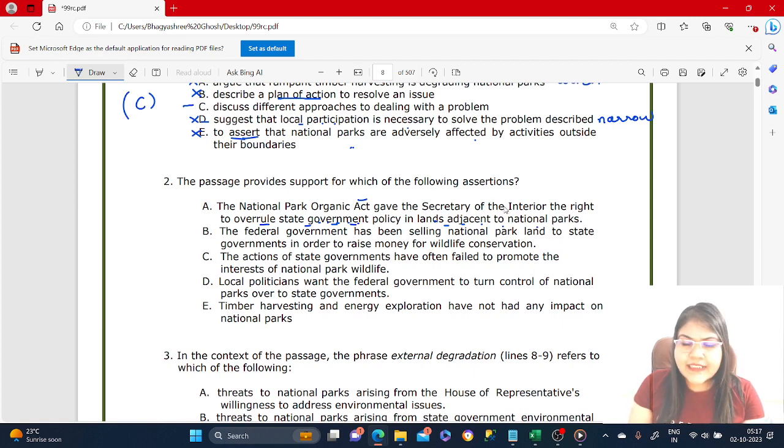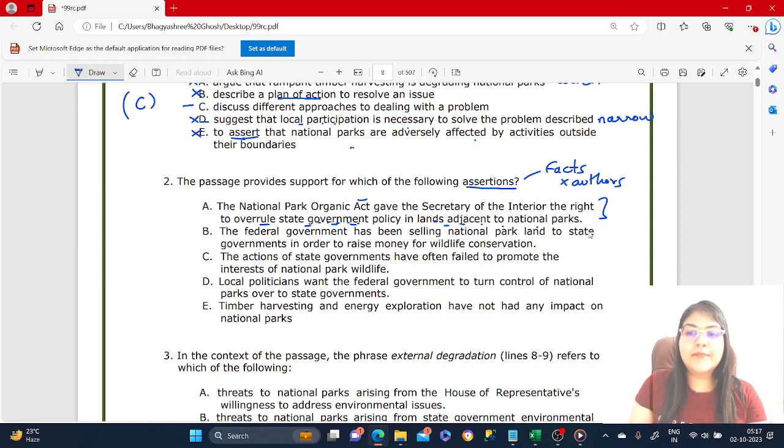Well, see guys, an assertion is not the author's opinion. Assertion is what the fact says. So here we are referring to the facts of the passage and not the author's opinion, right?